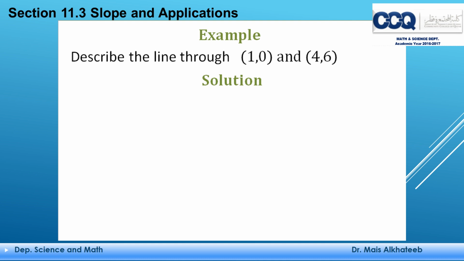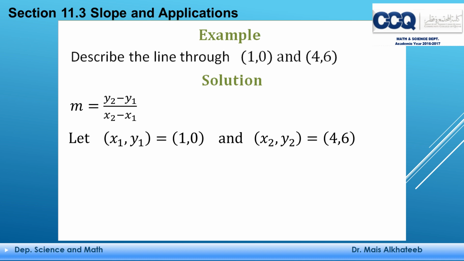إذا لحتى أعمل describe the line we will calculate the slope. Calculate the slope y2 minus y1 على x2 minus x1. ال x1 y1 1 0 ال x2 y2 4 6. Now y2 6 minus y1 0, 6 minus 0, x2 4 minus x1 1, 4 minus 1 is 3.